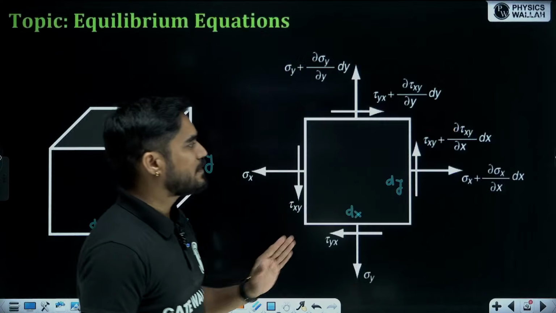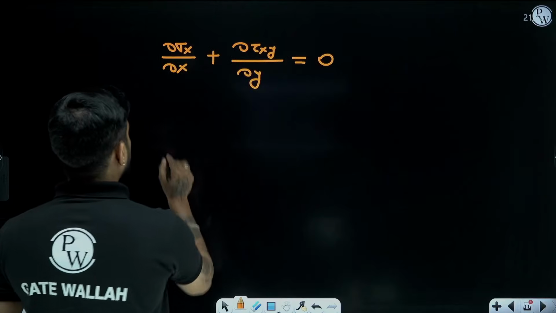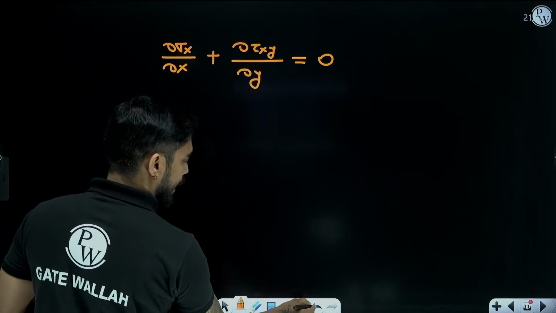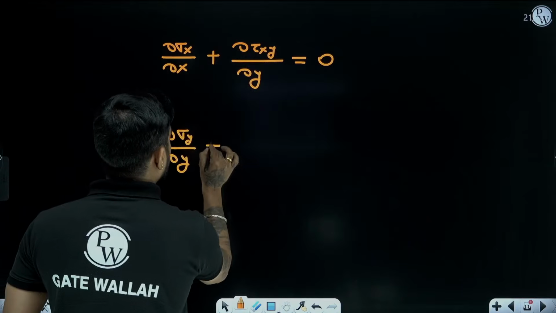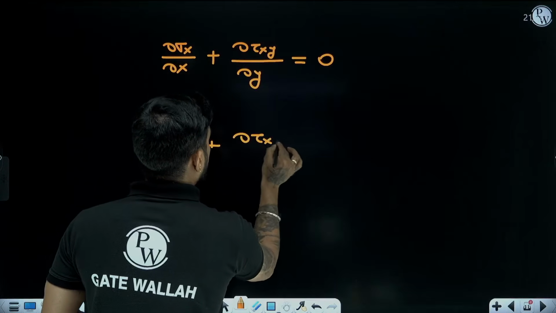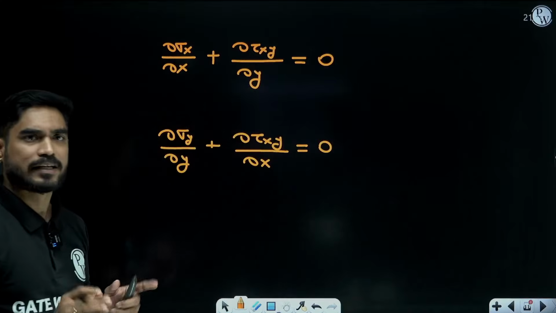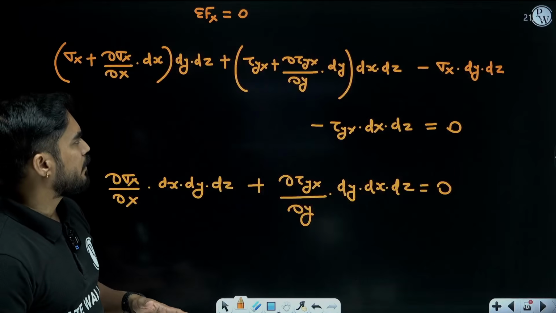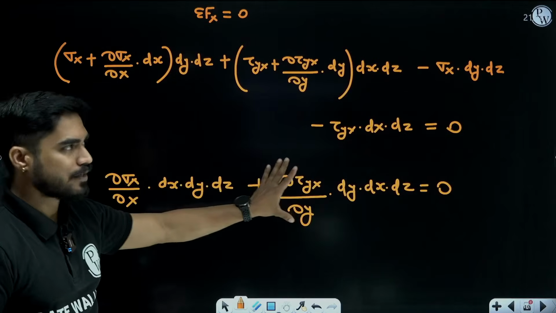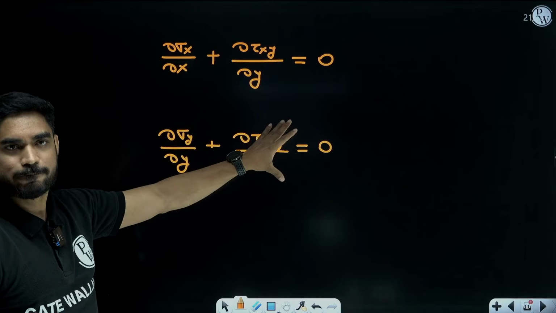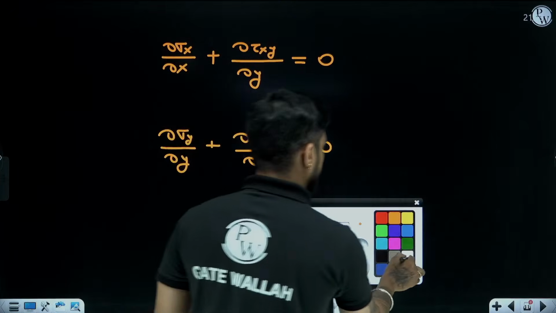Similarly, if you apply summation of fy equal to 0, you are going to get dou sigma y by dou y plus dou tau xy by dou x equal to 0. If you want, you can write summation of fy equal to 0, and by using the same steps, you are going to get this second equation. So we have two equilibrium equations. This is equation number 1.